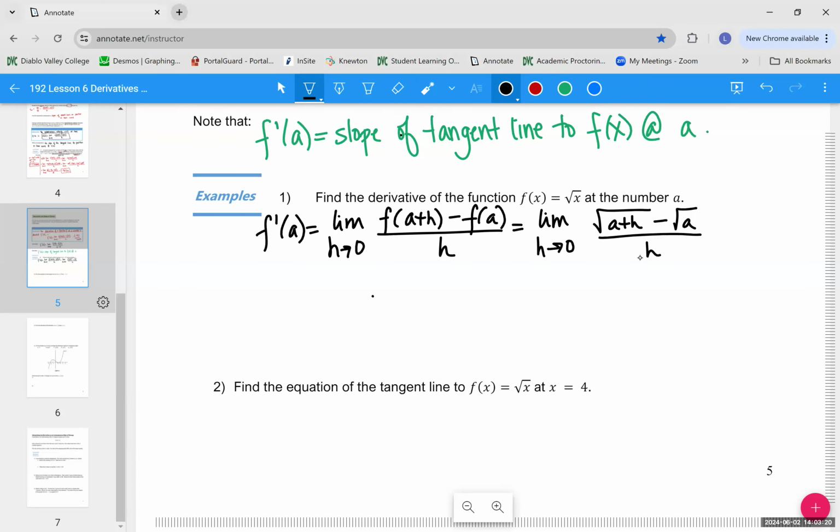So we have arrived at the 0 over 0 moment. I cannot factor this, but what other strategy have we talked about, have we done in the past in lesson 4 that could help us out here? I'm hoping that in your head or out loud, you are saying multiply by the conjugate.